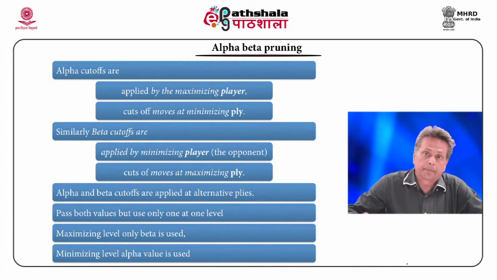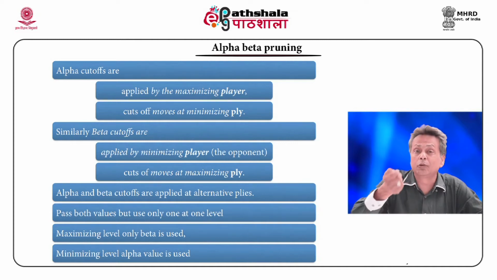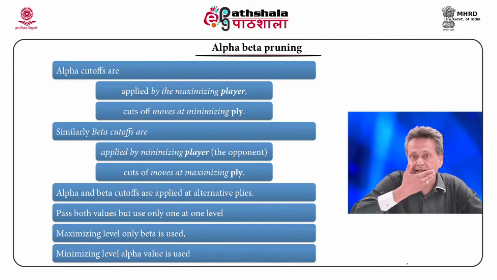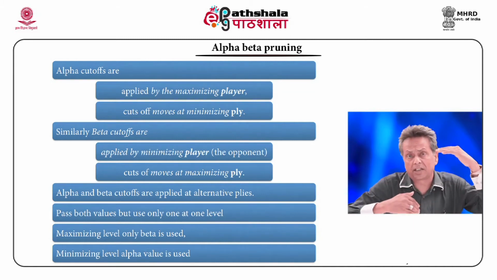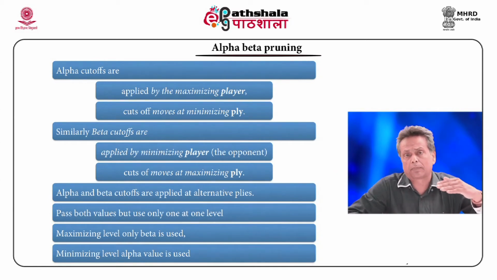Let us recap. Alpha cutoffs are applied at the minimizing player, but who is doing it? The maximizing player. We do it. Beta cutoffs are applied at the maximizing layer, but who applies it? The minimizing player. Now if we look at that again, you will probably realize that they are applied at alternate plays. Alpha cutoffs are applied here, then the next layer alpha is not applied, beta is applied.